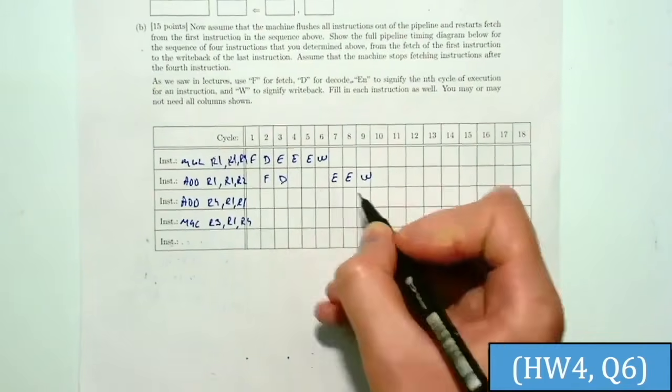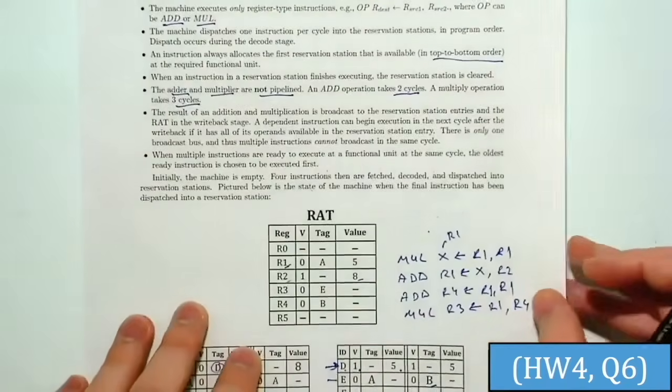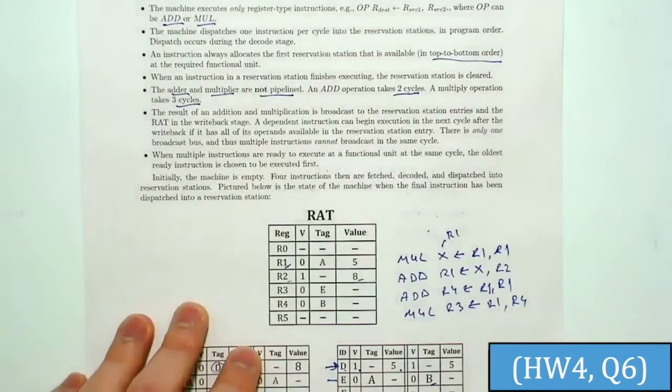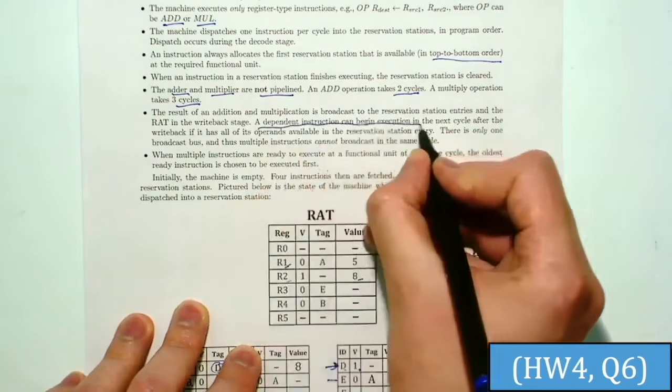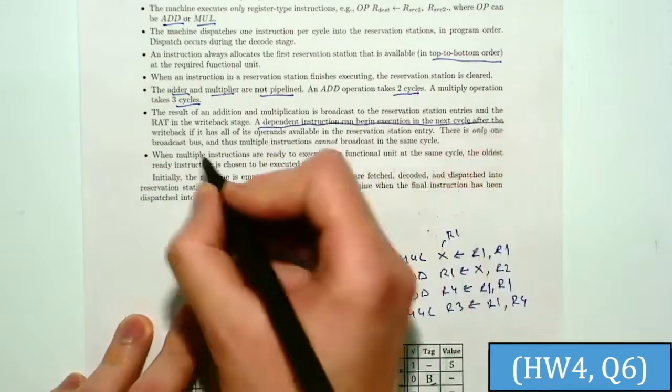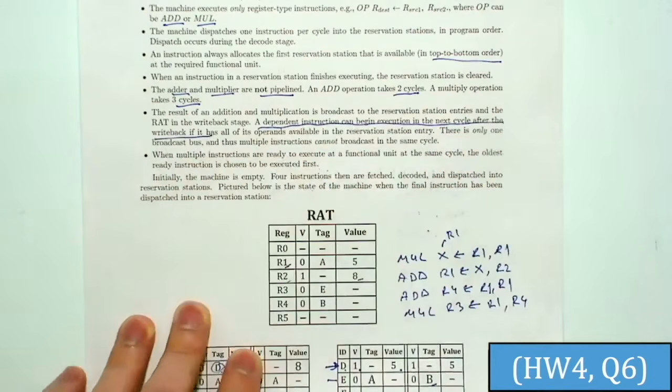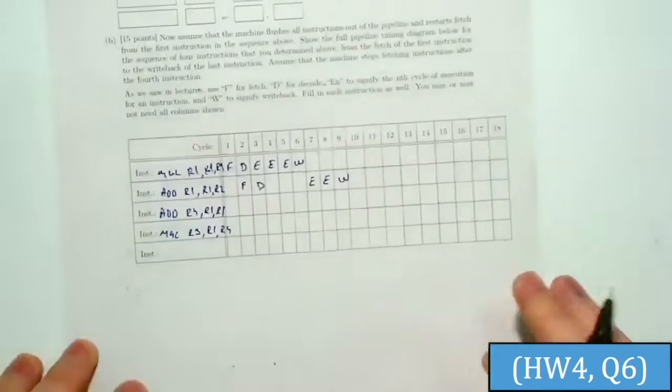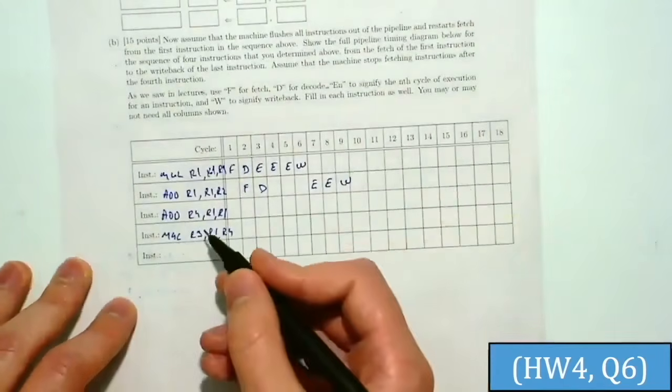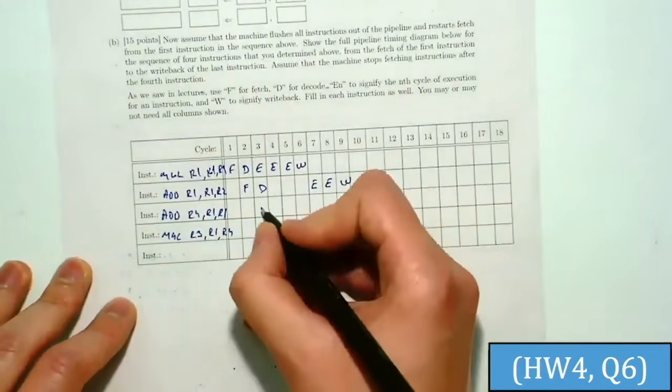I have to put E over here after the write back stage. And that information is, let me find it. Yeah, a dependent instruction can begin execution in the next cycle after the write back, if it has all of its operands available, okay? So it's simple.